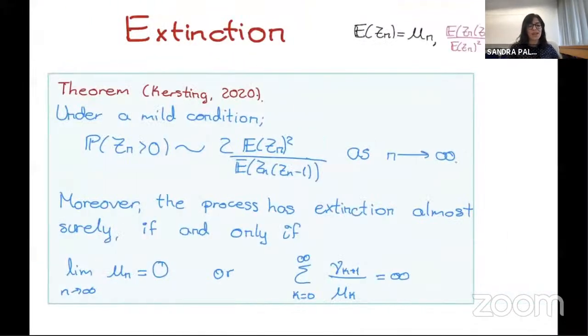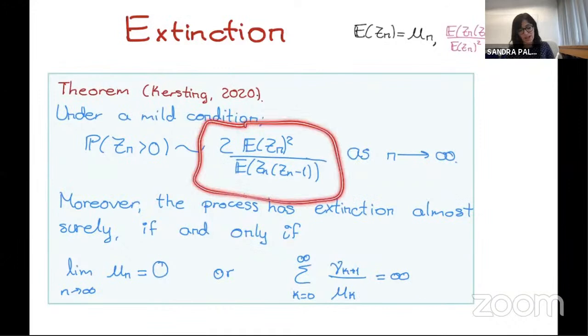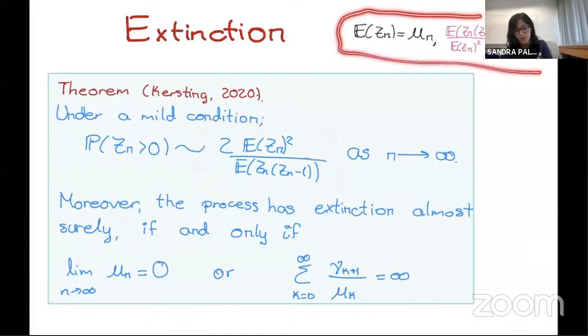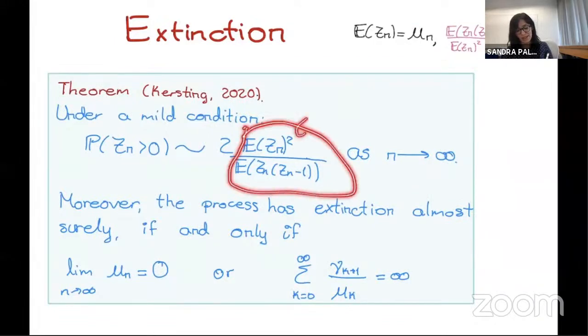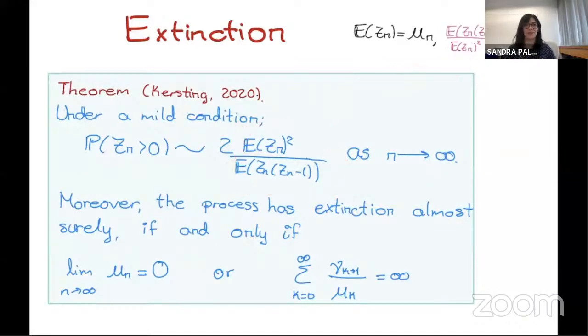So then, Kirsten showed that under a mild condition, the probability of survival has the same behavior as 2 times this fraction. And here at the top, I put what we already called the mean and second factorial moment. As you can see, this part is the inverse of this series, right?